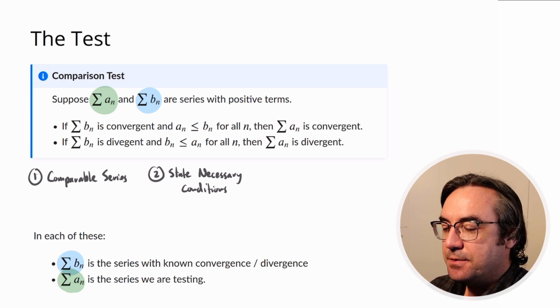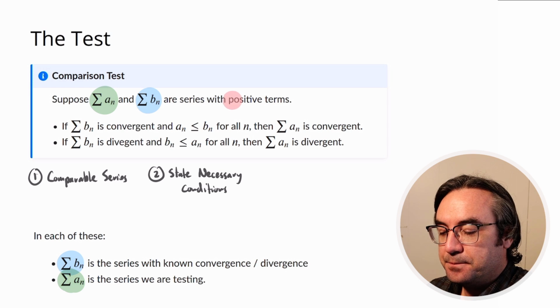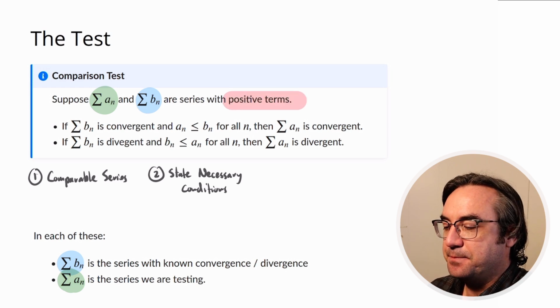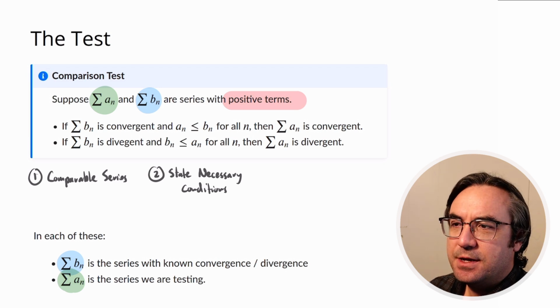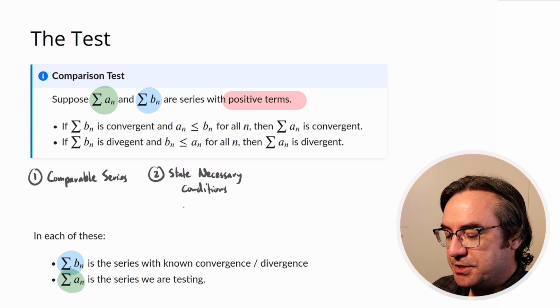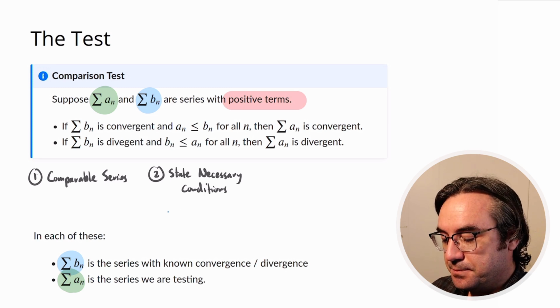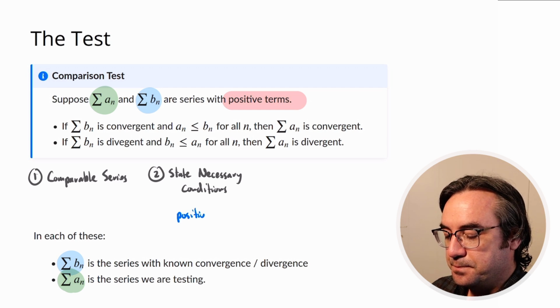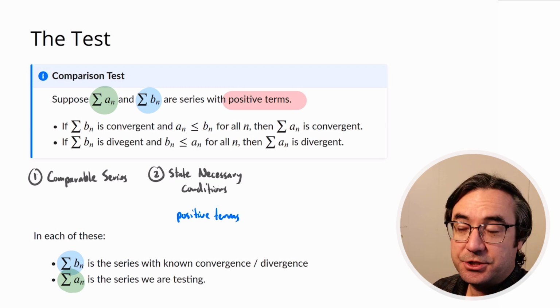In this case, there's only one. The terms have to be positive. So you just want to check this. Sometimes you have to check it, but usually this is just a statement. So you state the necessary condition.